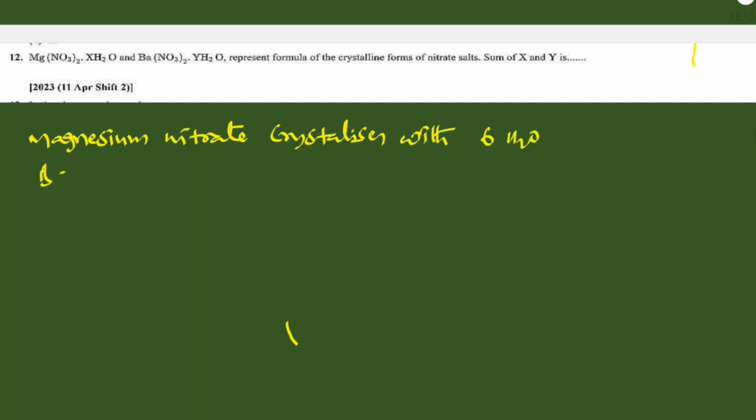Magnesium nitrate crystallizes with 6 molecules of water, whereas barium nitrate is an anhydrous salt.